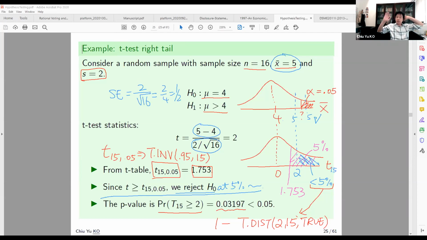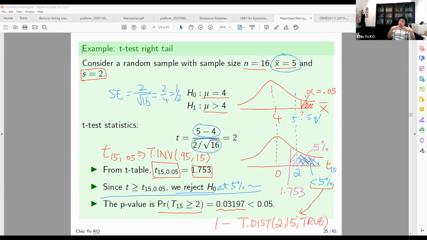Someone asked me, will you know whether it is one tail or two tail? Of course you will know, because either you'll be given the alternative hypothesis or you should infer from the question. Just remember, if you don't know which side is correct, then use two tail. And if you know the violation, the consequence is that you want to check whether it's more than, in the case of a harmful substance, then you infer more than.